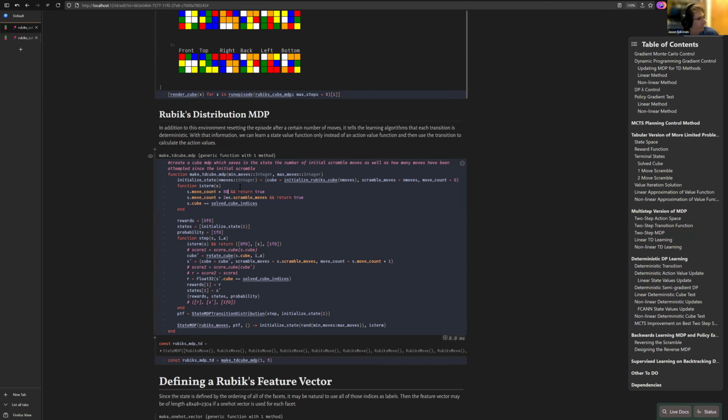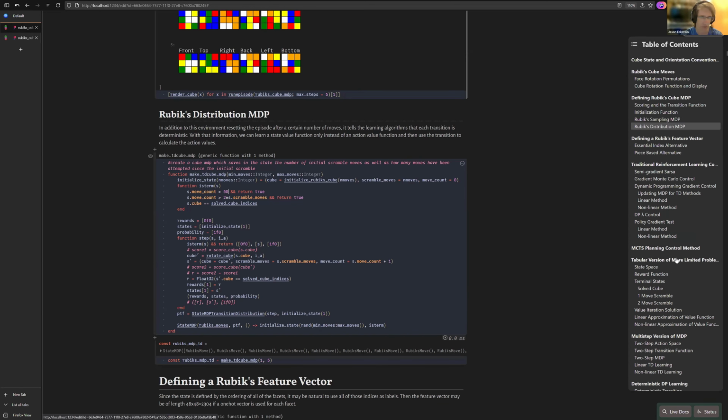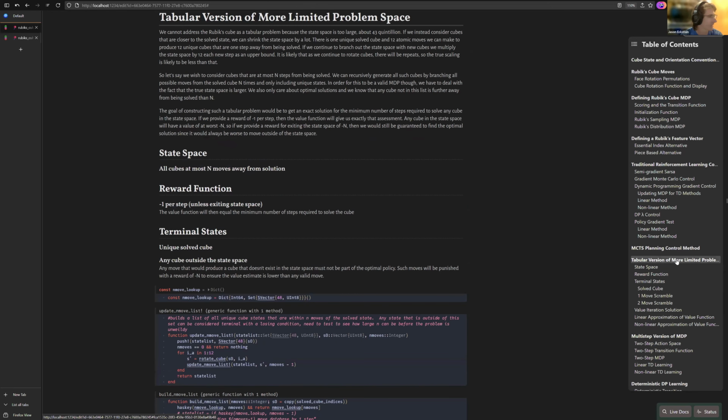But actually, before going into the approximation solutions, we can take a different approach to solving a more limited version of the problem. The advantage of this approach is that it'll give us some kind of exact solution, these tabular solutions, where we can use the techniques from the first part of the book.